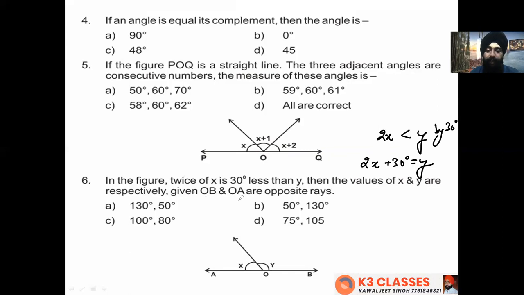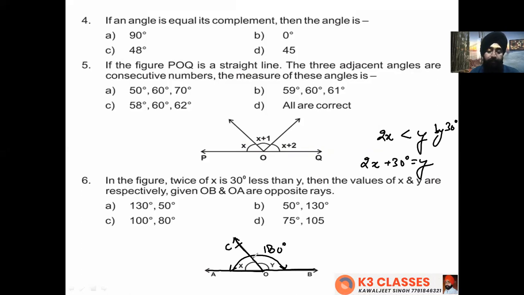OB and OA are opposite rays. If they are opposite rays, they are forming a straight line, and on a straight line there is a straight angle which is 180 degree. You are able to see O is a vertex from where the three rays OA, OB and OC flow.